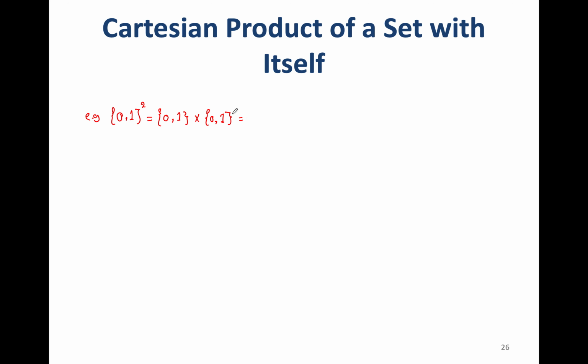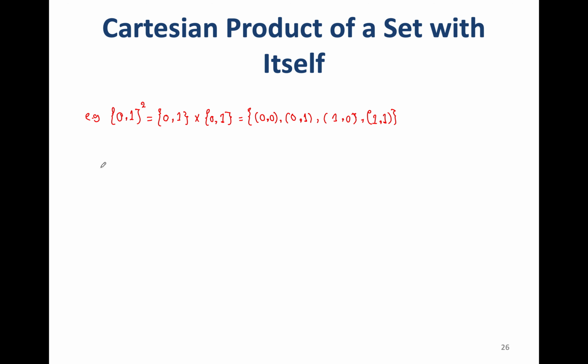So by doing the Cartesian product, we'll have the ordered pairs (0, 0), (0, 1), (1, 0), and (1, 1).